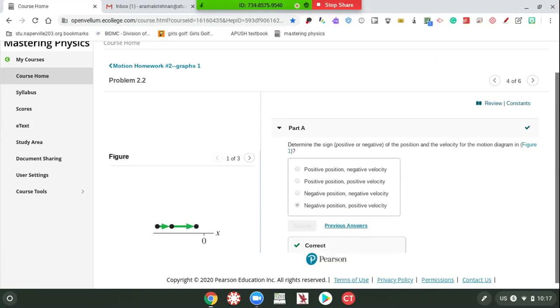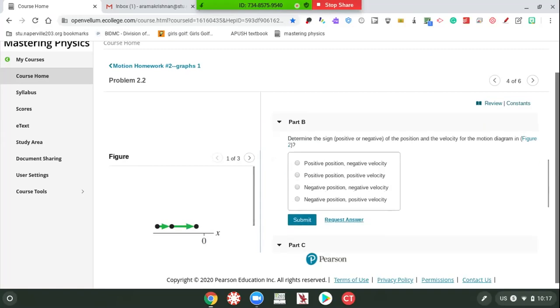So is it done? No. Do you not see this question? Okay. We did the first one. We did this one. So when you click figure 2, it changes the figure to this. Do you see that? Determine the sign of the velocity.